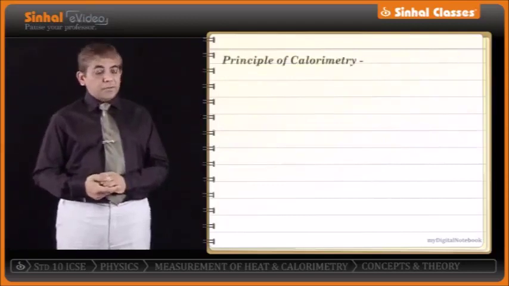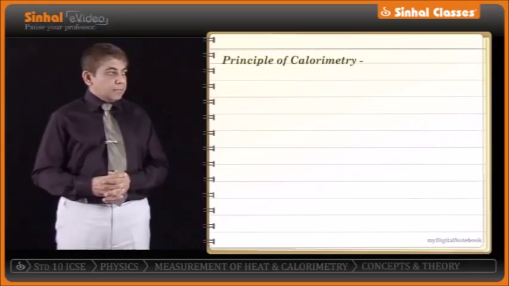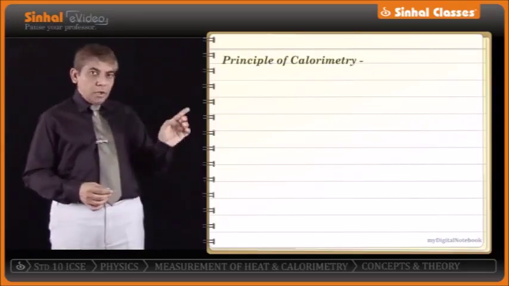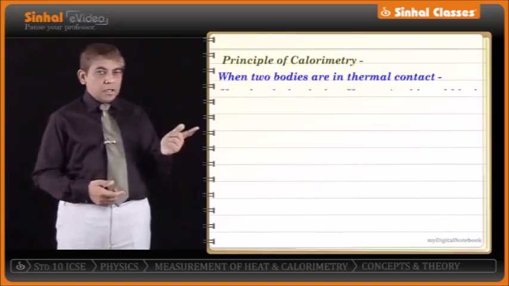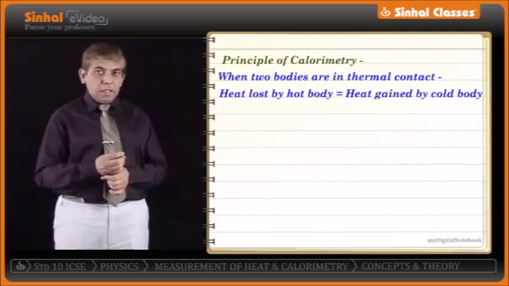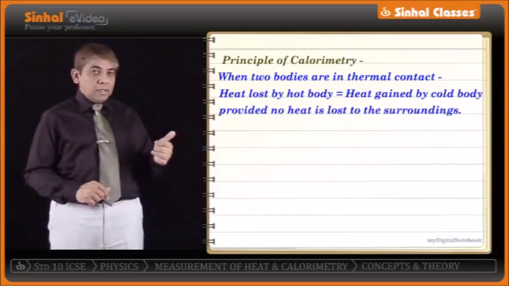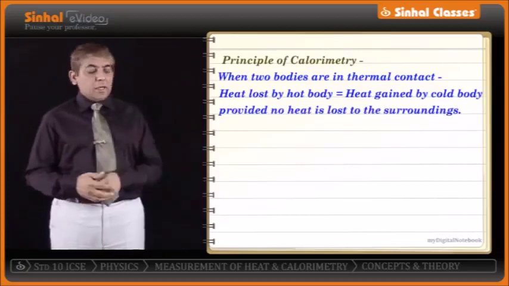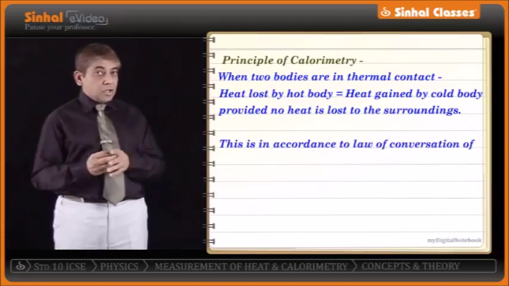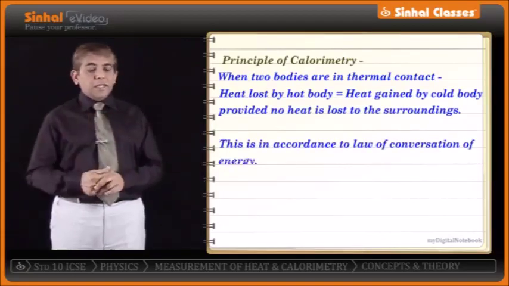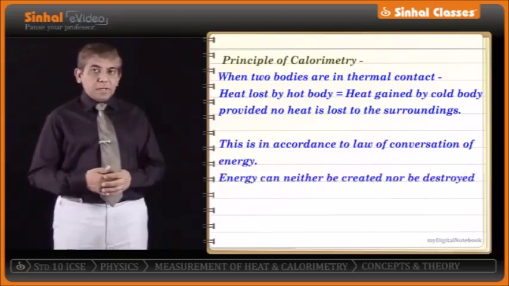So we have the principle of calorimetry, applicable to a state of thermal equilibrium, when two bodies are in thermal contact: heat lost by the hot body is equal to heat gained by the cold body, provided no heat is lost to the surroundings. Now this gives you a recap, wherein we say that this is in accordance with the law of conservation of energy, because even the law of conservation of energy states a similar statement.